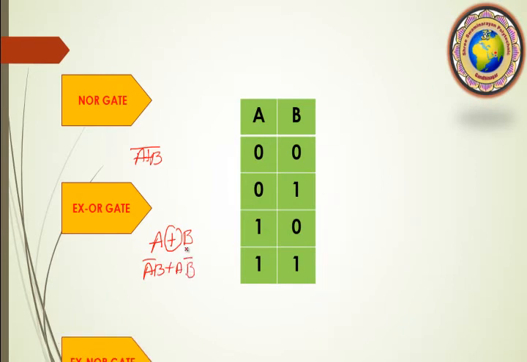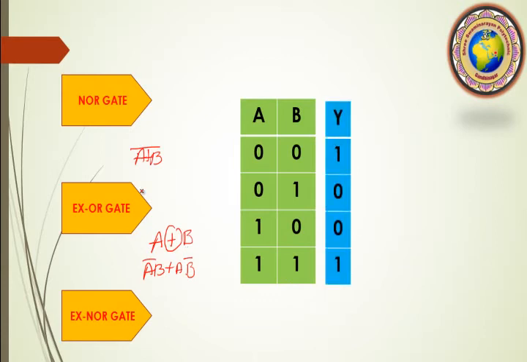Then the XNOR gate output is 1 0 0 1. It is only the complement of the XOR gate, meaning (a plus circle b) bar. So this is our revision of the logic gates. Now we want to develop all gates with the use of only the AND gate. Okay, let's start.